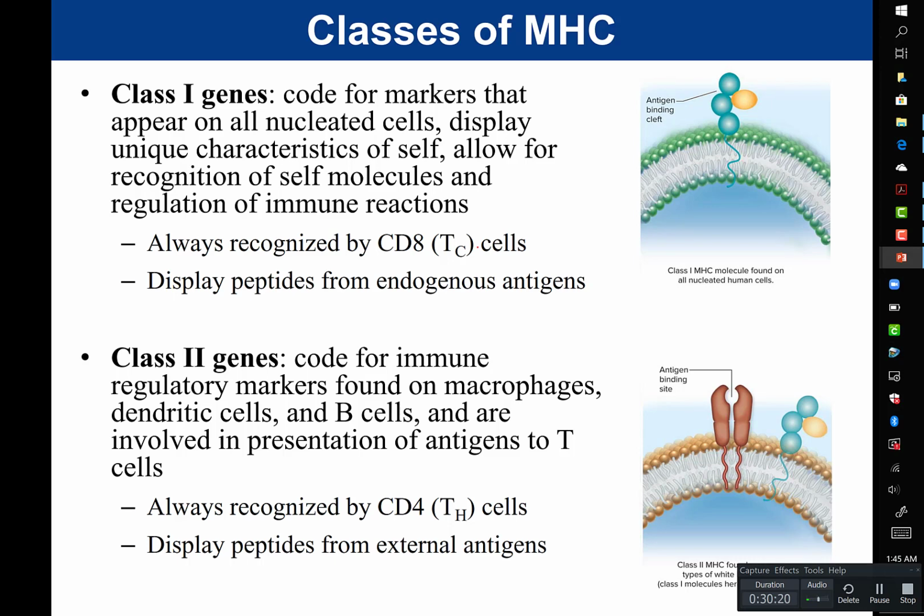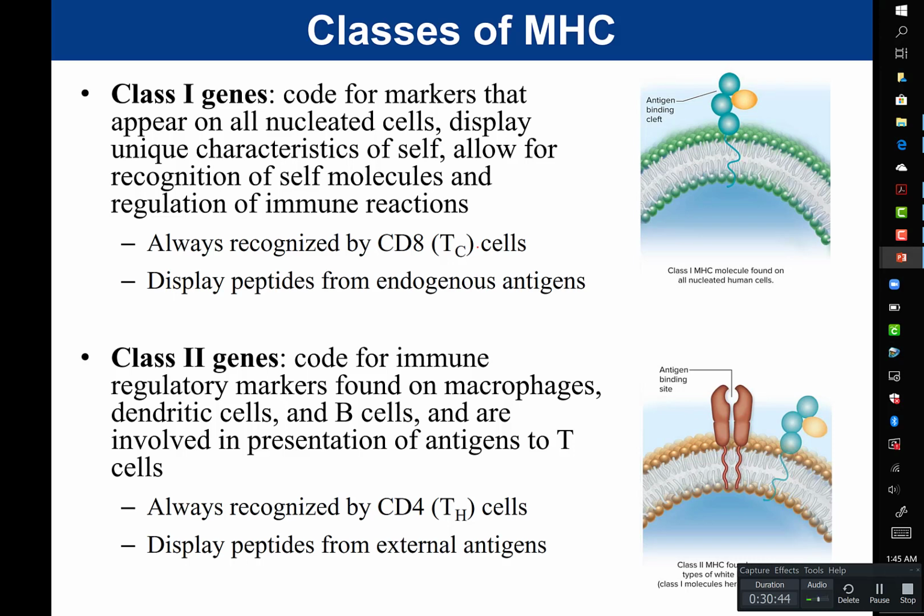And so our TC cells are going to recognize antigens that are displayed on the MHC1. And again, all nucleated cells are going to have the ability to display antigens using MHC1 because all the cells in your body could have the potential to be infected or have a problem.